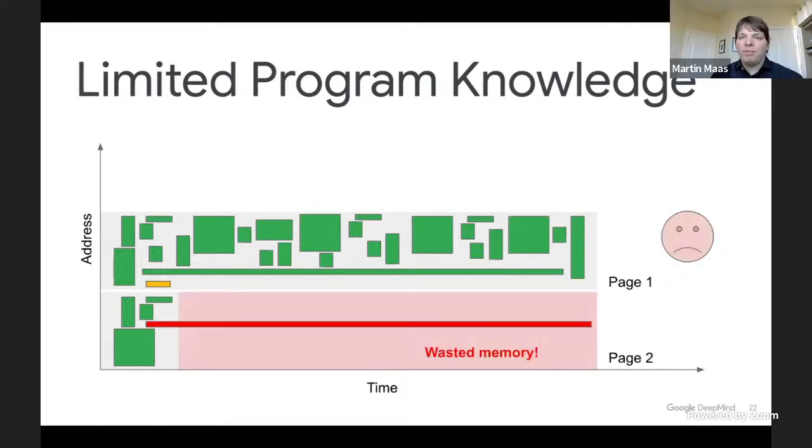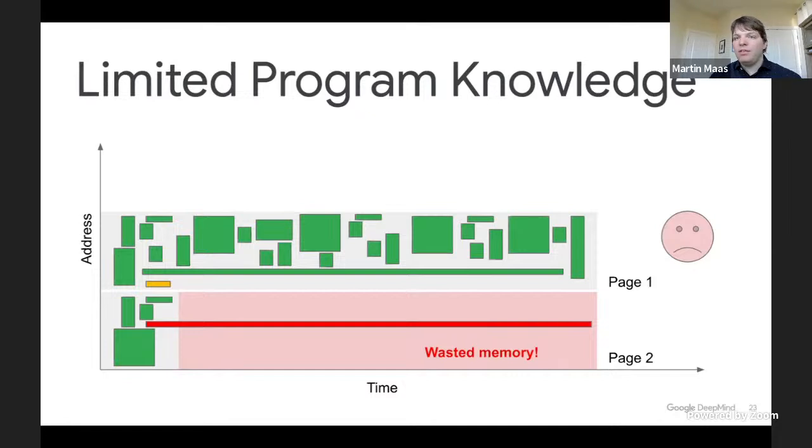But if it makes the choice the other way around, you now have long-lived objects on both of these pages, and you can return neither back to the operating system, which means that you're basically wasting half your memory. The only way you could have avoided this is to understand which of the objects is long-lived and which one is short-lived, which is directly a function of the application code's behavior.